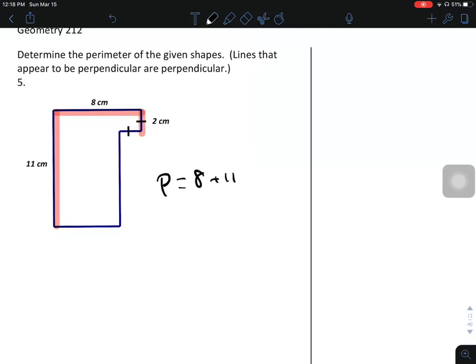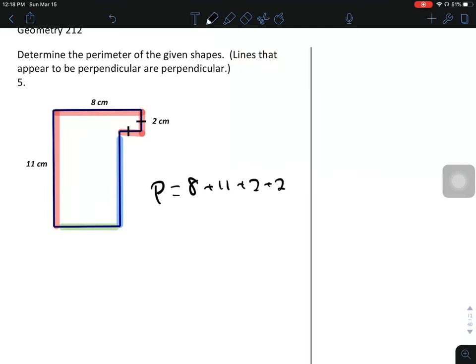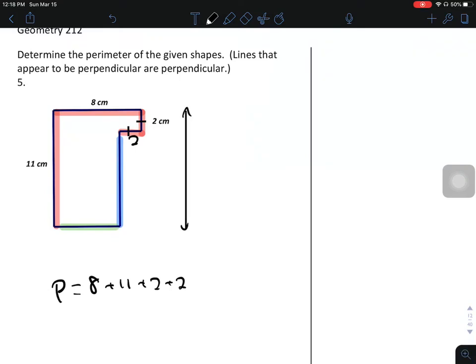This here is a 2. This here is also a 2 because it has one dash. Now we're missing this blue part and this green part. I think it's reasonable to assume, using the segment addition postulate, that if this whole thing is 11 and you've used 2 from here to here, this other part has to be 9.